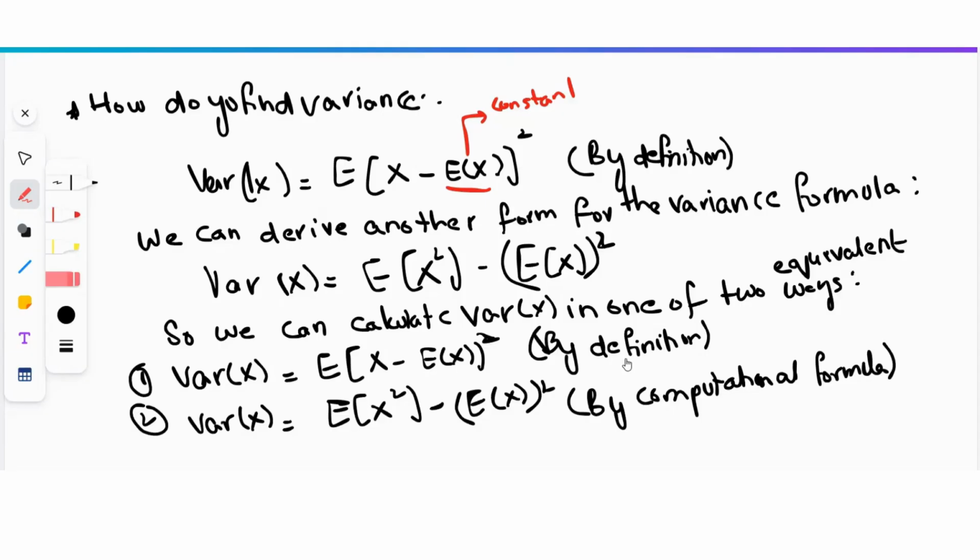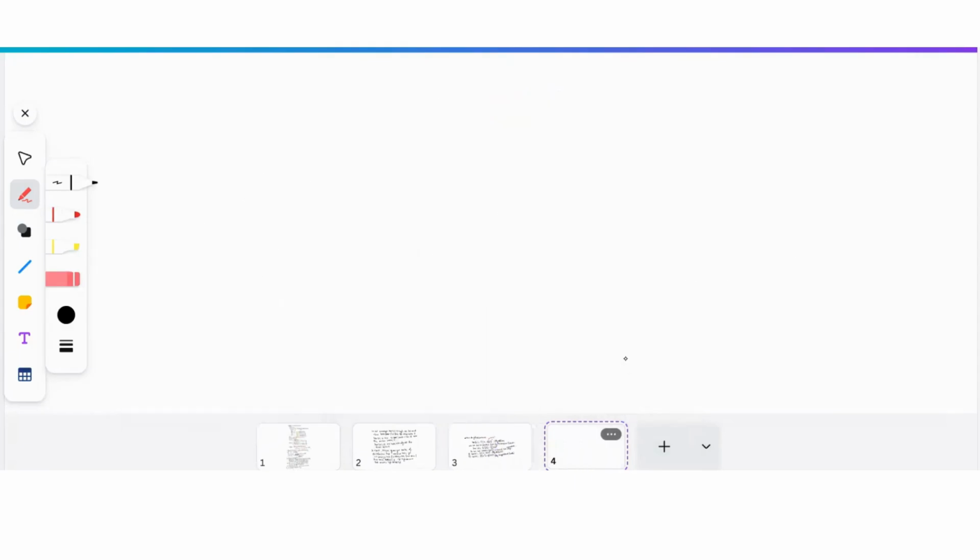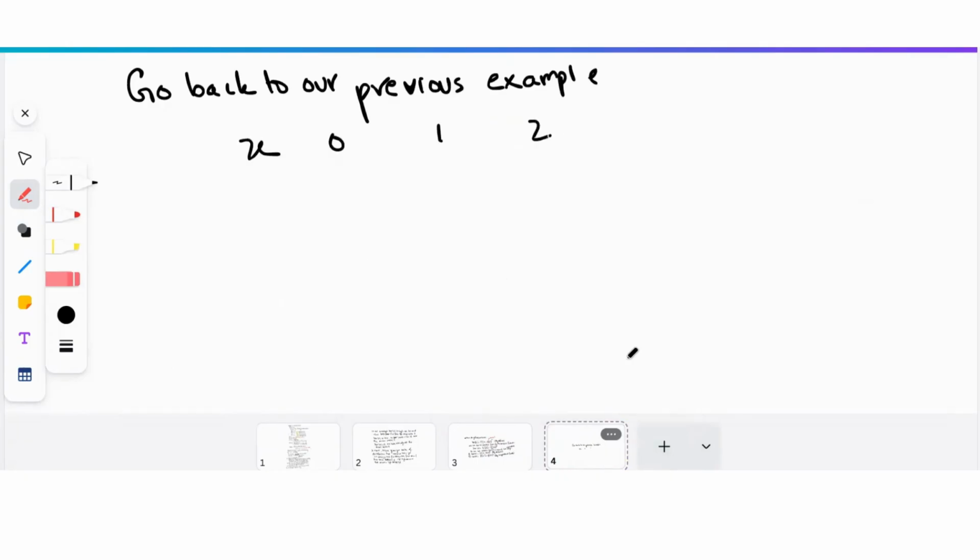So let's go back to our previous example where we found expected value of x and expected value of x squared. In the previous example, we had x take values 0, 1, 3. And then we had the probability that x takes each of these values, and we had this given as a PMF of x.